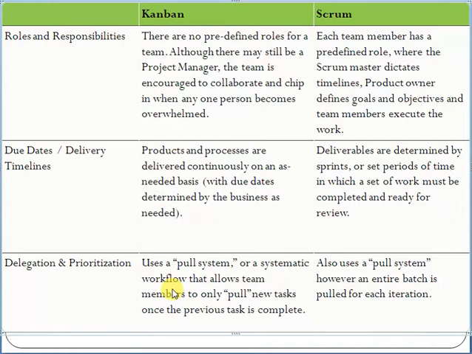In Scrum, there's also a pull system. Once the sprint is completed, from the product backlog we get the new tasks to start a new sprint. So there is a slight difference in delegation and prioritization between Kanban and Scrum.